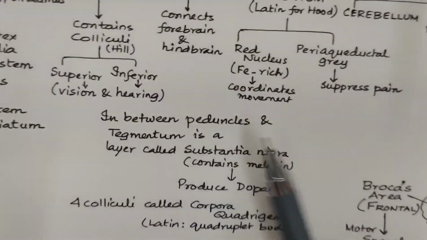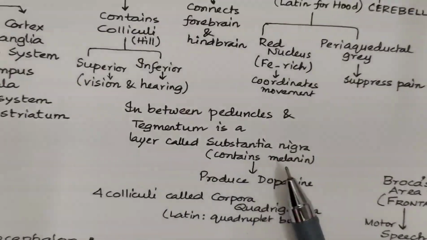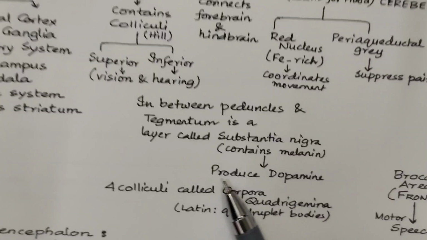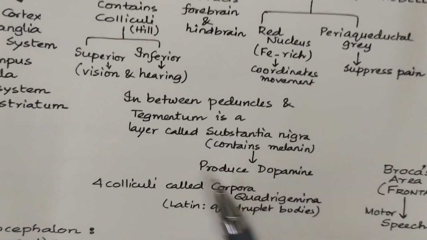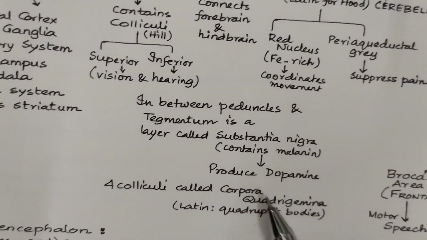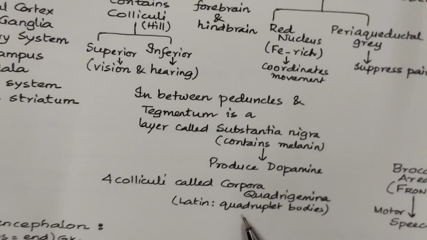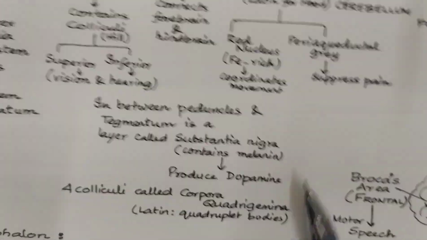In between the peduncles and the tegmentum is a layer called substantia nigra, which contains melanin. It produces dopamine. The four colliculi, called corpora quadrigemina, in Latin is quadruplet bodies.